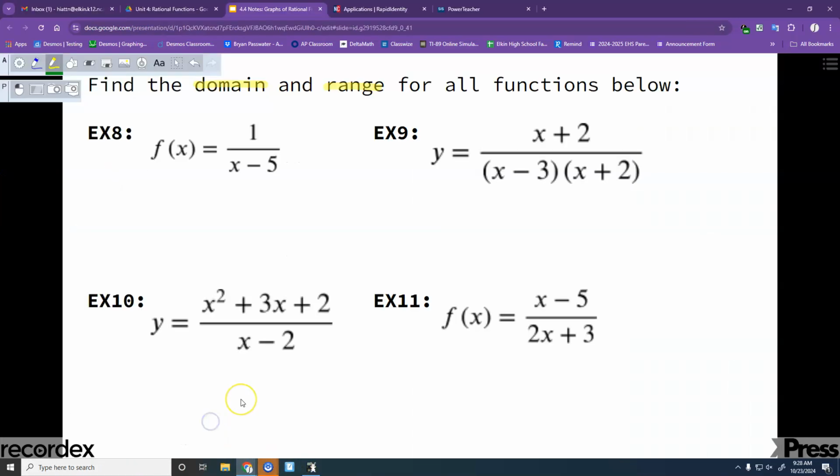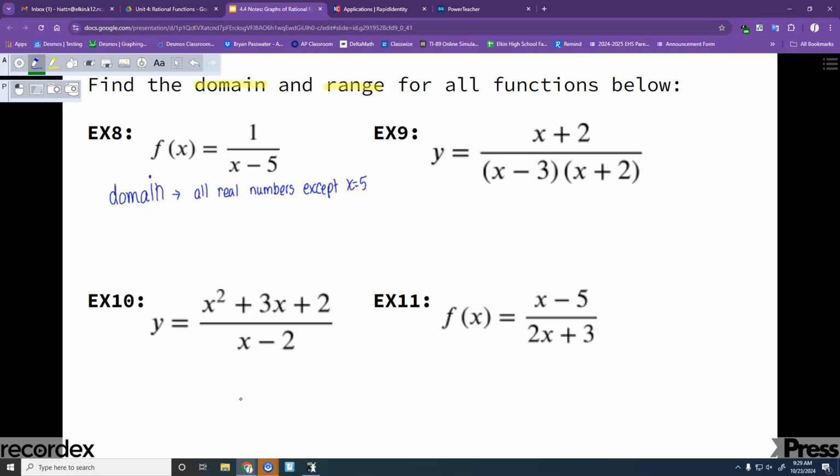Okay? So there are two ways you can write this for your domain. You can say all real numbers except x equals 5.